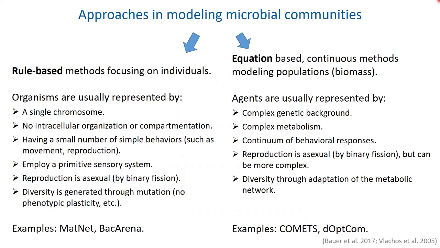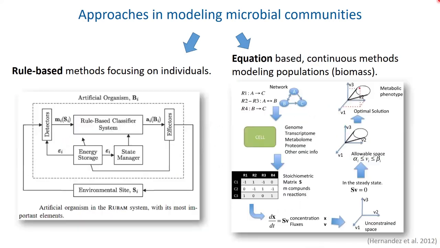The other distinction that we can make is based on the methods. There are rule-based methods, in which we assume very simple rules, very simple decision behaviors, sensory behaviors and actions of cells. Or you can use equation-based models, so there is a complex metabolism and a continuum of behavior responses or phenotypes, as you can say.